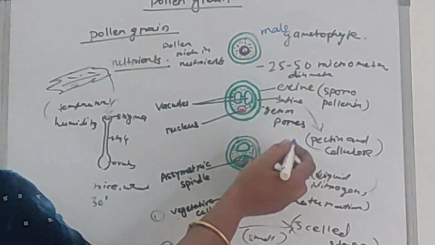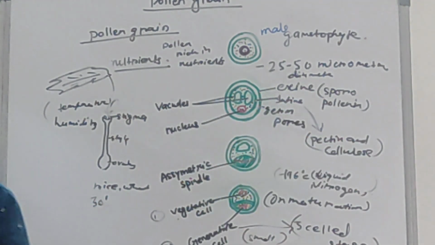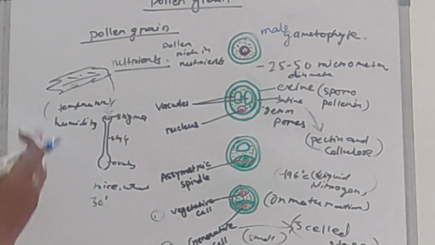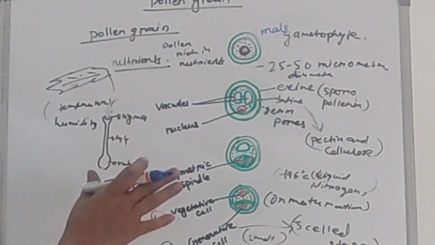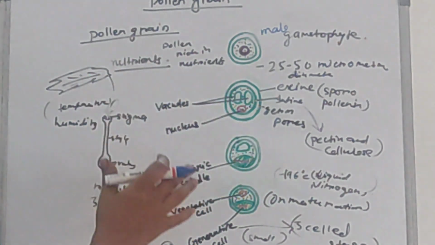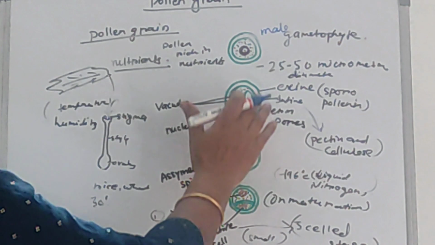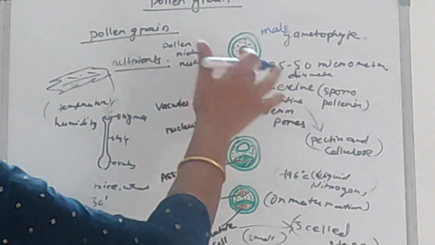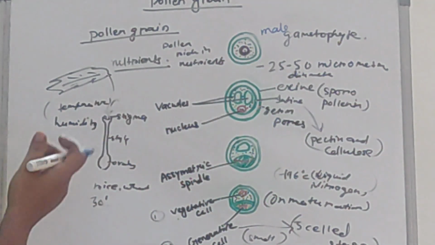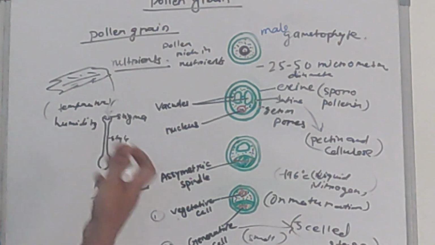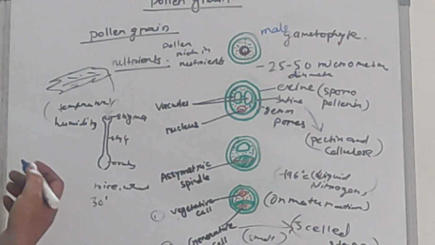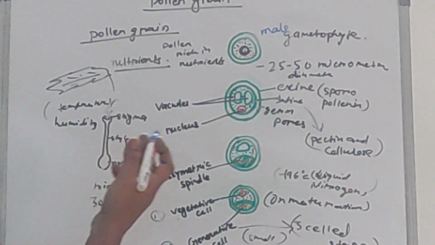It is a thin and continuous layer made up of cellulose and pectin. Now you understand? The exine layer is very tough due to the presence of sporopollenin, and the intine layer is a thinner, continuous layer made up of cellulose and pectin.